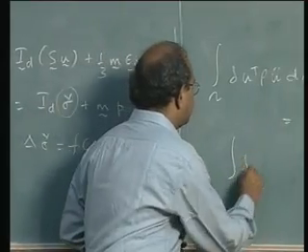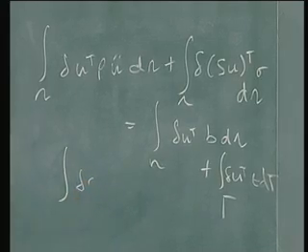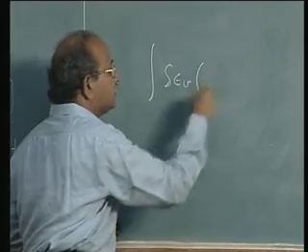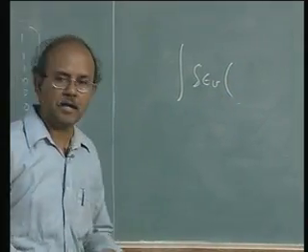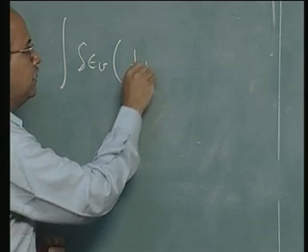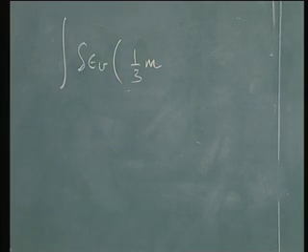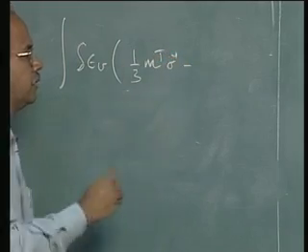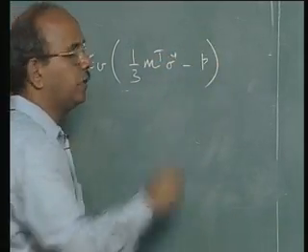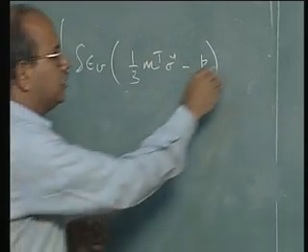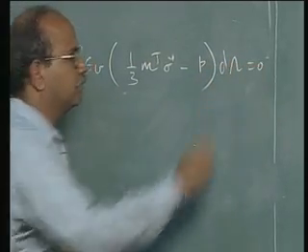That is written as the integral of delta epsilon v, note this term carefully and let me have your comments, into 1/3 m transpose sigma minus p, d omega is equal to 0.